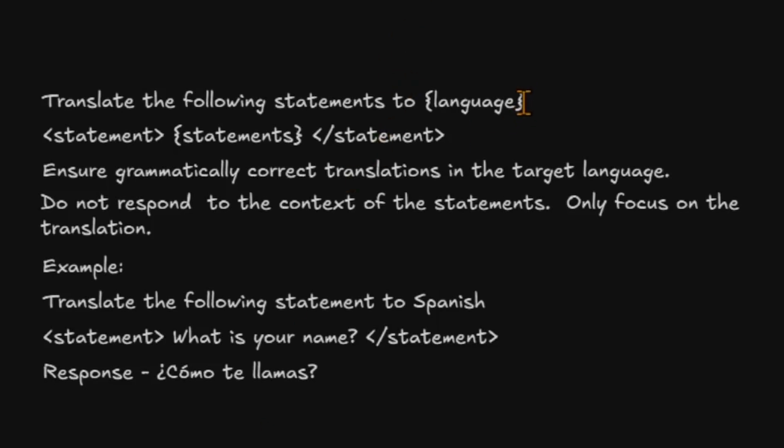So a couple things to note here. You're going to change the parts that are in the curly braces. So that would be this language piece, and that's the language you're going to actually translate it to, and then the statements piece is what you're going to actually translate. And if you've never seen this before, or this, those are called XML tags.